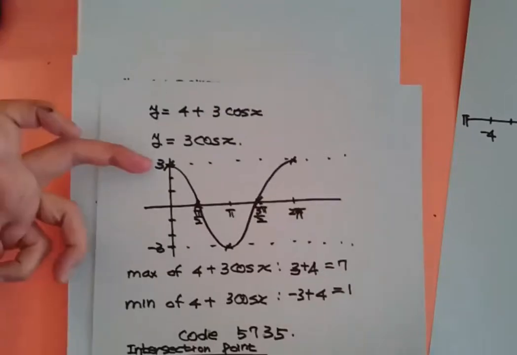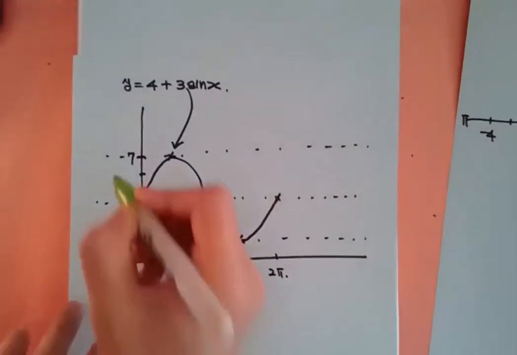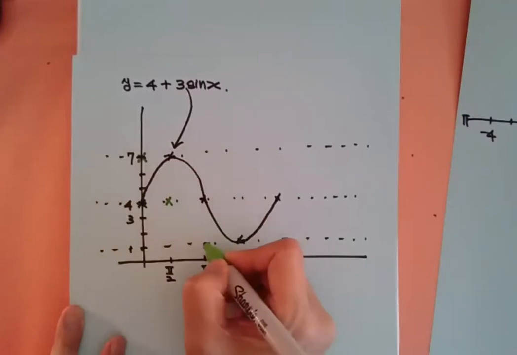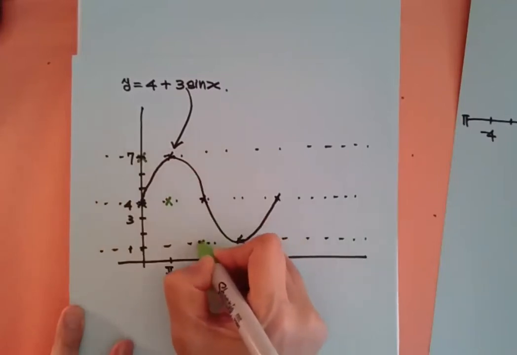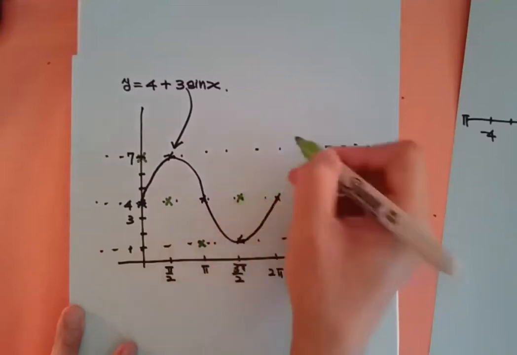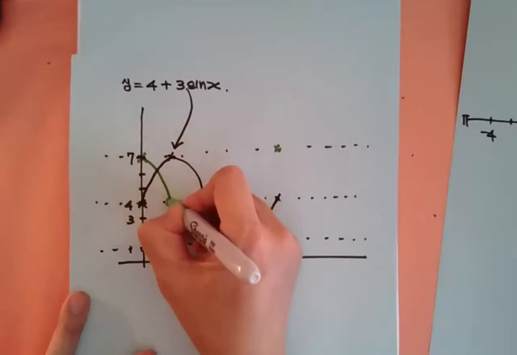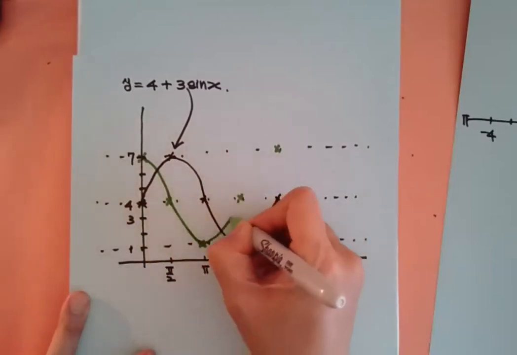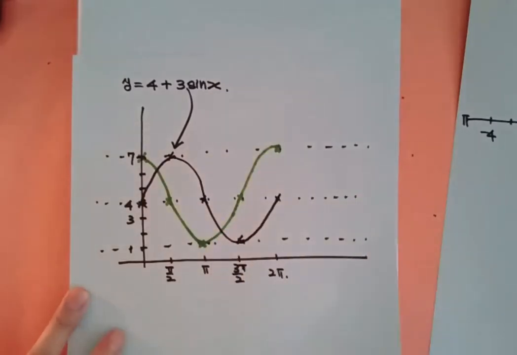And this is cosine, and then we have to shift up 4. So the graph looks like this.